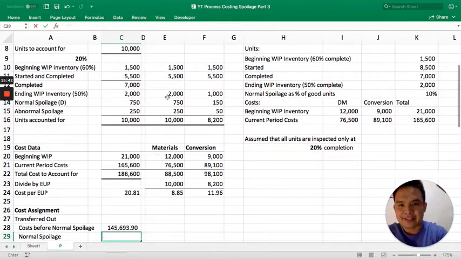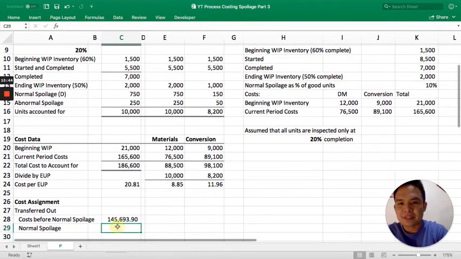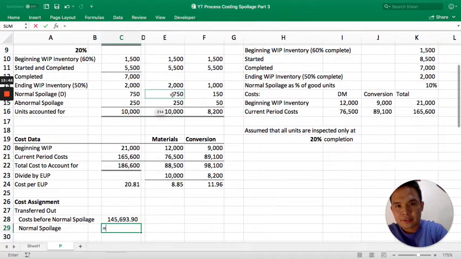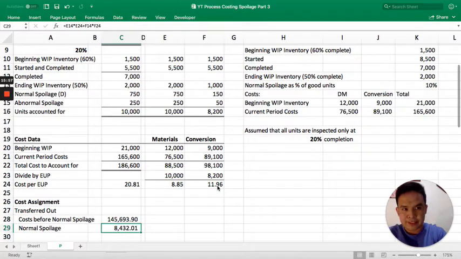Kailangan natin i-count ng isa-isa. The normal spoilage is, as to materials, 750 times 8.85 plus 150 times 11.96. 8,400 ang normal spoilage. Because nga na lamang na 20% ang inspection point, lamang ang ending inventory, part of this has to go to ending inventory.